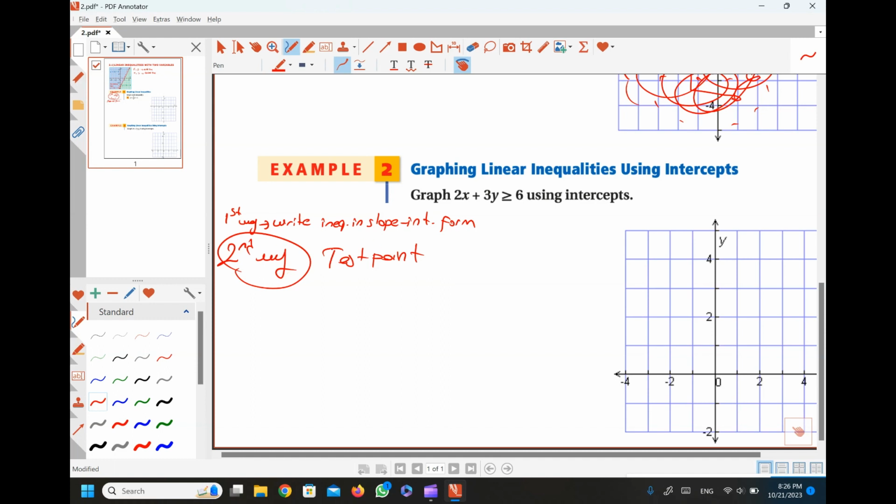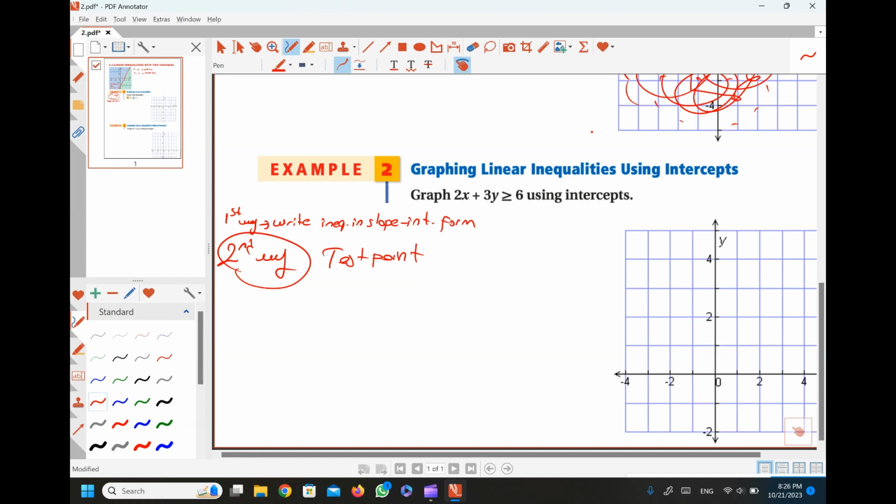I find using the second way easier here if the inequality is given in general form, because isolating y will take time. So it's not necessary. We have an easier way here. So I'm going to explain how to use a test point to find the correct region to shade.